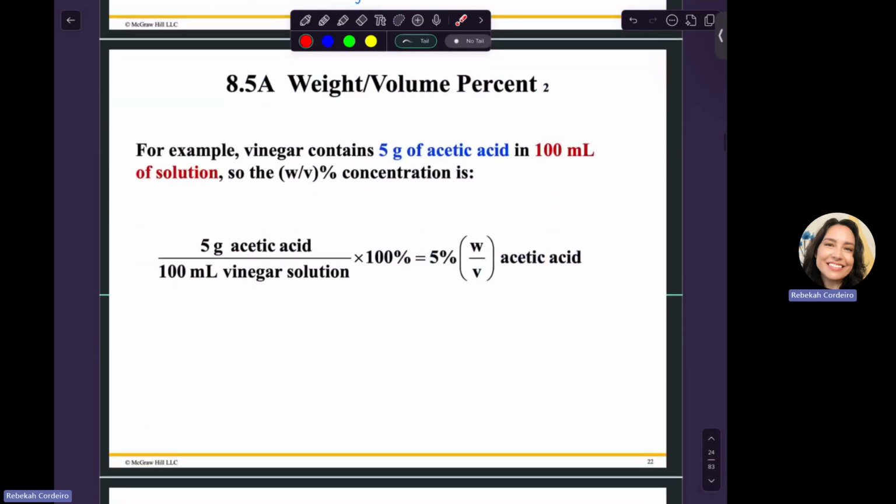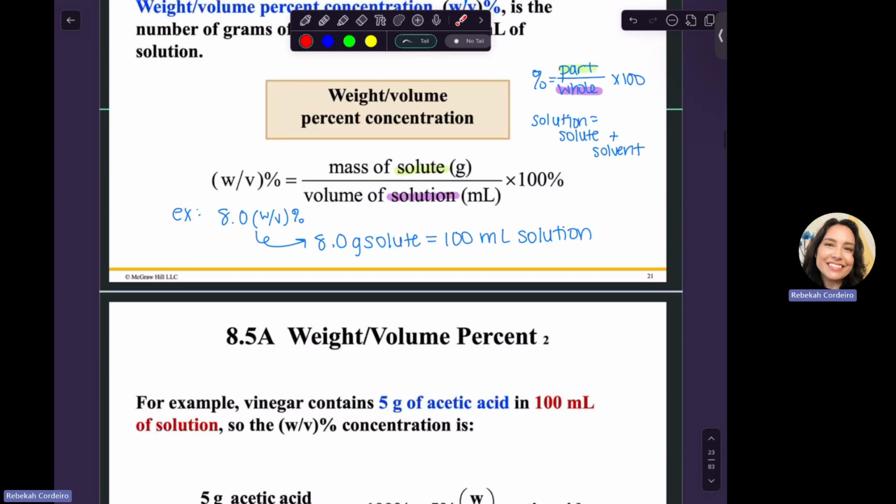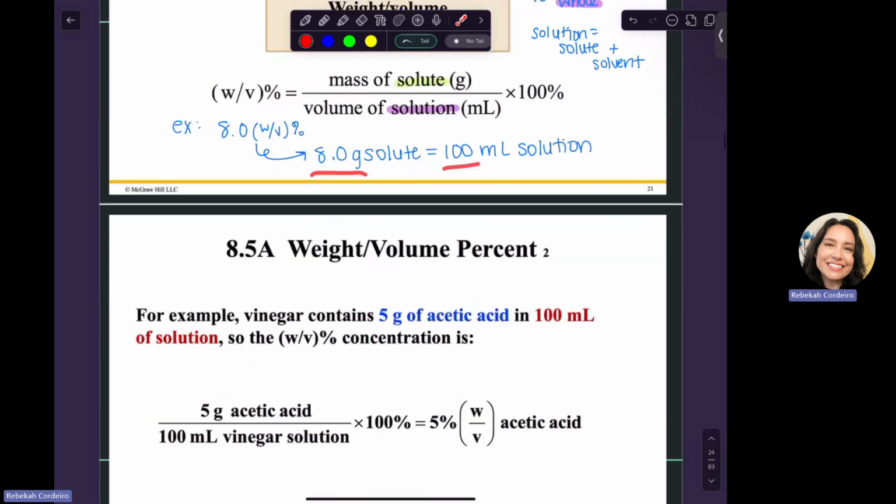So here's an example of just some numbers. 5% would be 5 grams in 100 milliliters, right? Just like 8% would be 8 grams in 100 milliliters.